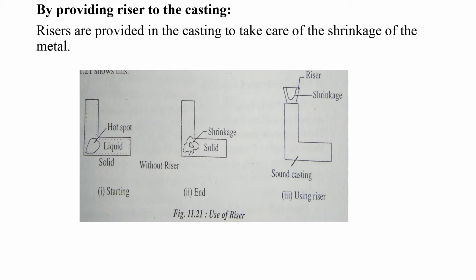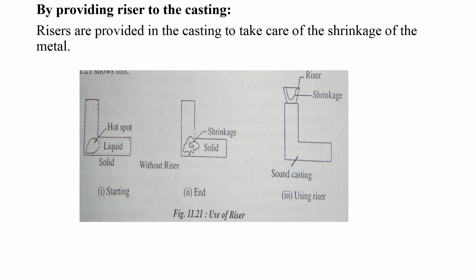So these are the two important points for the functions of the riser. One is to ensure whether the cavity is completely filled or not: once the liquid metal comes into the riser, the cavity is completely filled. Second, at the time of solidification, a small quantity of liquid metal is required for the cavity and is supplied from the riser.